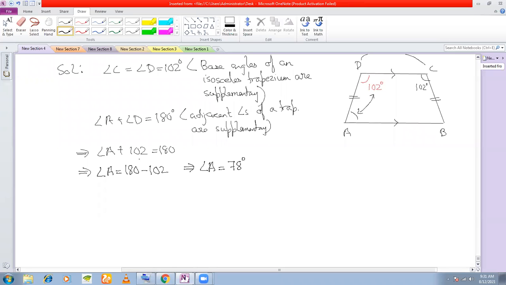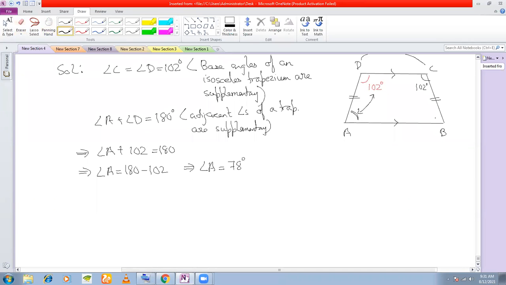So can we find it using the sum of adjacent angles being 180 degree? No, you cannot use that here because these two are called the base angles. Okay, sir. So we have got angle A.